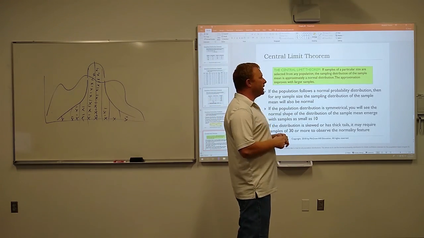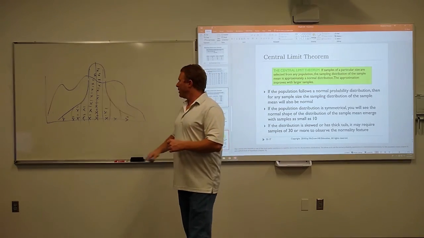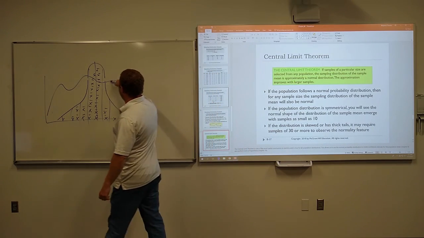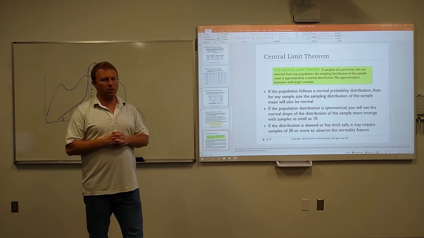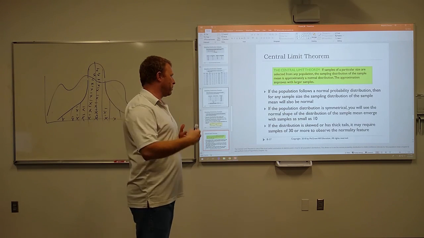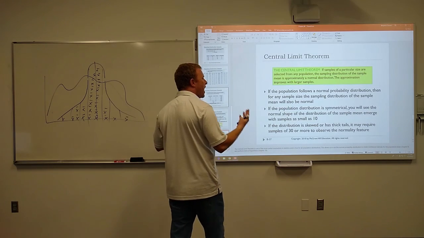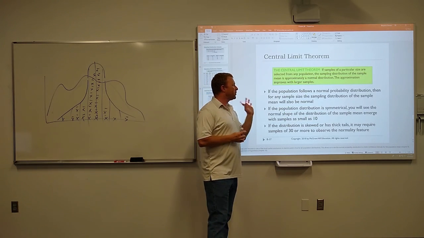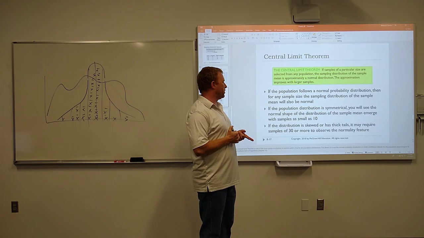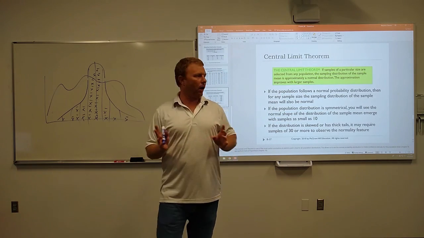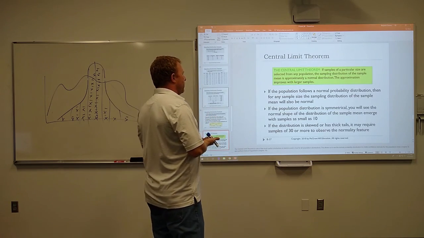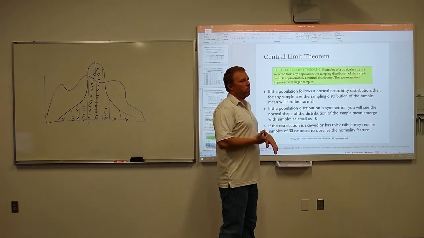So what that means is you can't take an ugly distribution like this and make it a normal distribution with a tiny little sample. Okay, it's going to take larger sample sizes. What are those? The general guidelines are this. If the population follows a normal probability distribution, then for any sample size at all, the sampling distribution of the sample mean will also be normal, which makes sense.